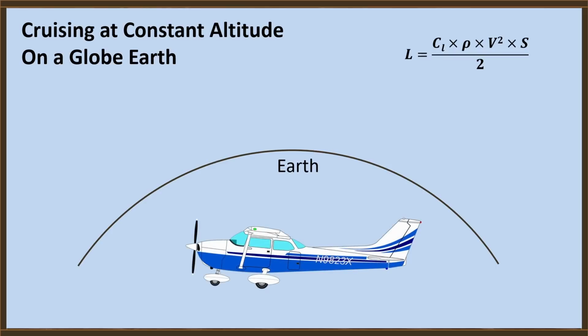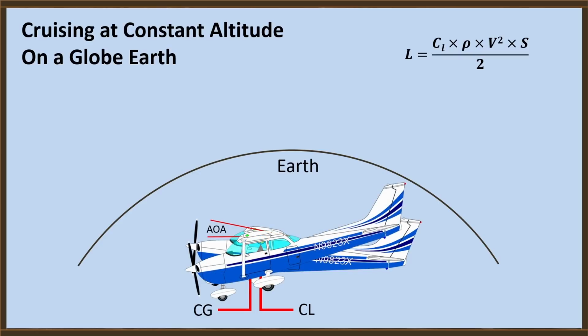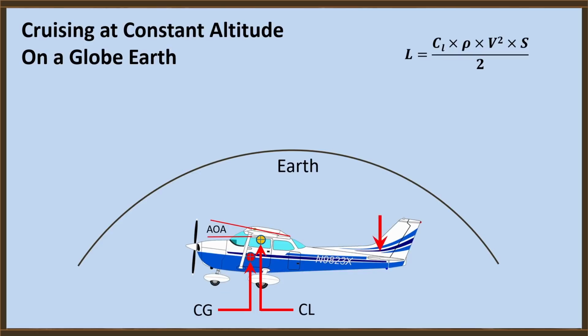So there's our little airplane. We have an angle of attack based on the direction of travel. The center of gravity is there, and the center of lift is there. And as we talked about before, since the CG is in front of the center of lift, the airplane is going to try to pitch nose down, but we've got a tail that'll keep everything balanced for us. So our angle of attack is going to remain constant.